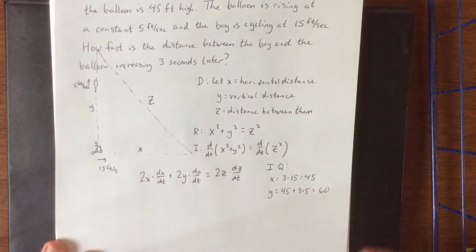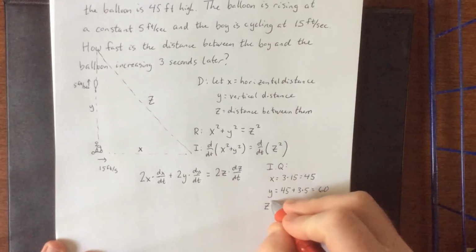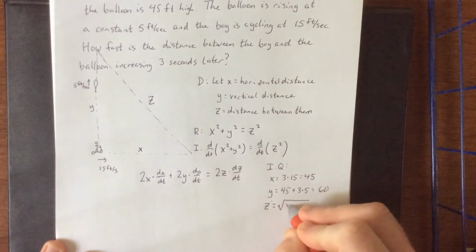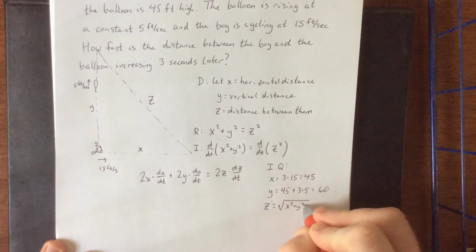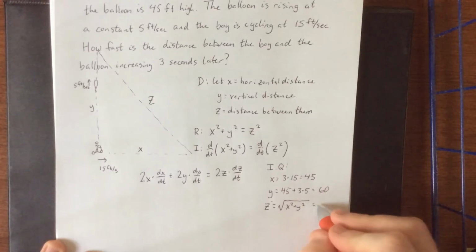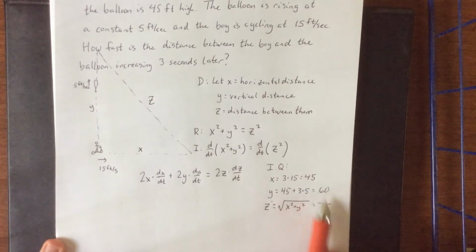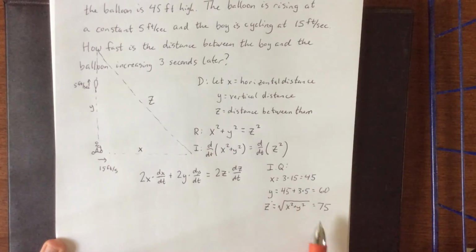As far as figuring out z is concerned, we have that z is equal to the square root of x squared plus y squared. If you plug in that 45 and that 60, you will get that this is 75. In fact, what you have here with these three sides is simply 15 times my favorite right triangle, the old 3, 4, 5 right triangle.